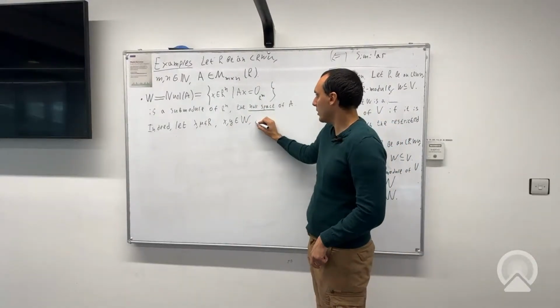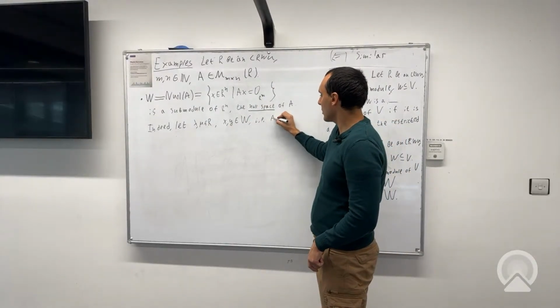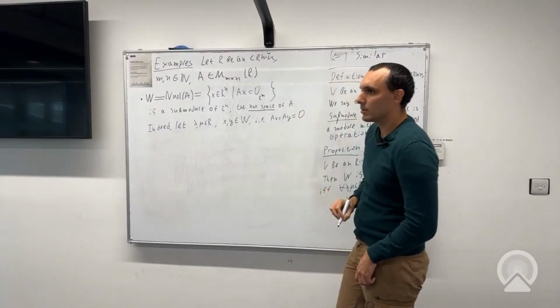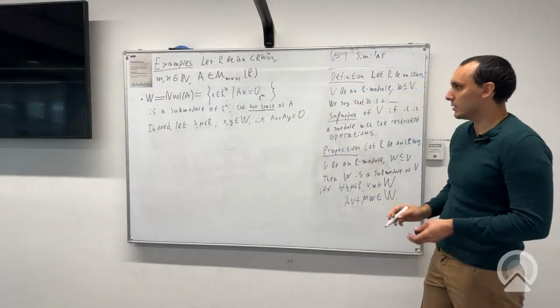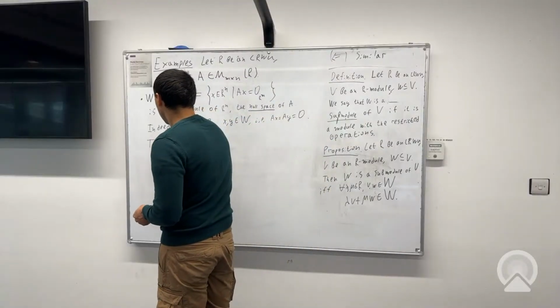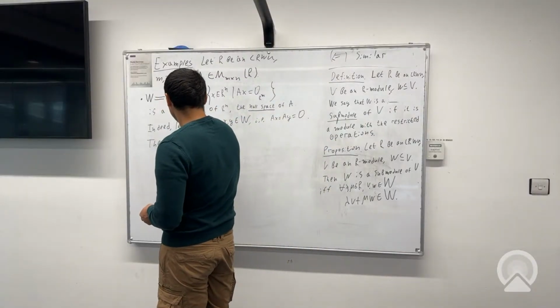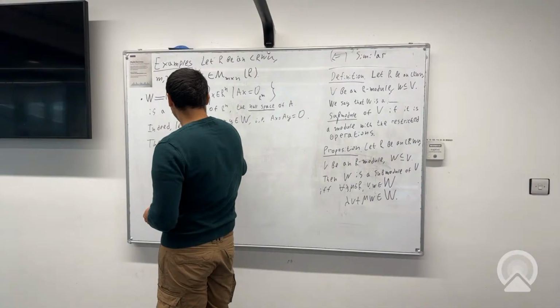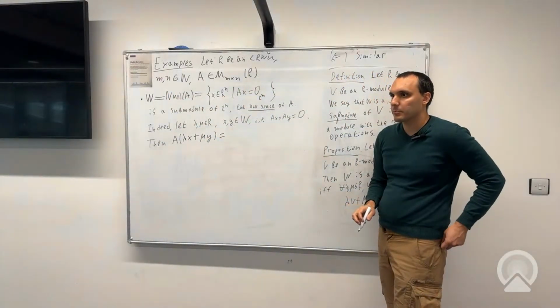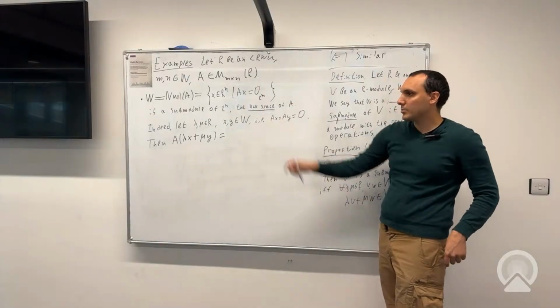Ax equals Ay equals 0. Then A times lambda x plus mu y. How do I expand that?